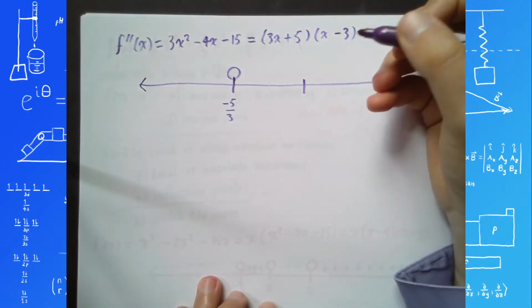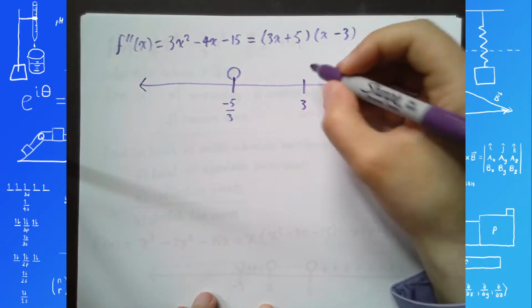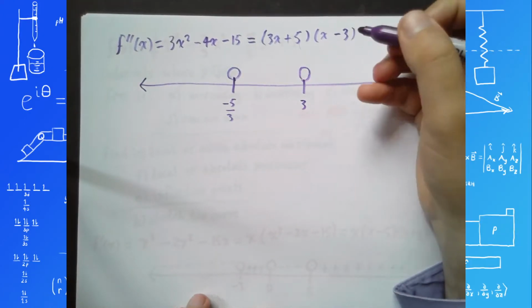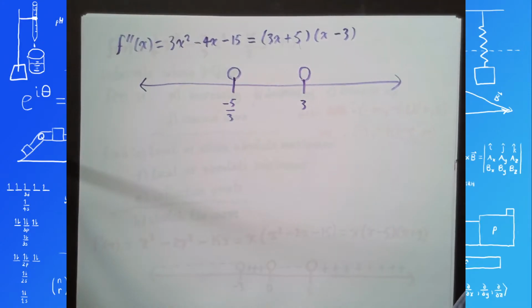So at x equals 3, we have another of our zeros.